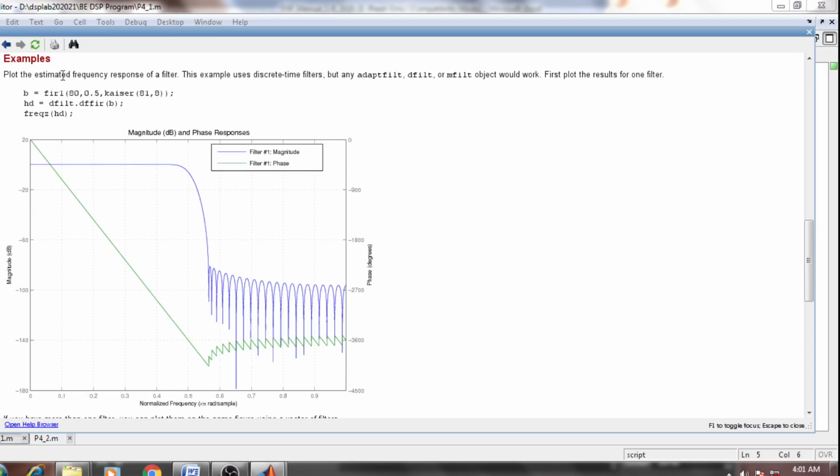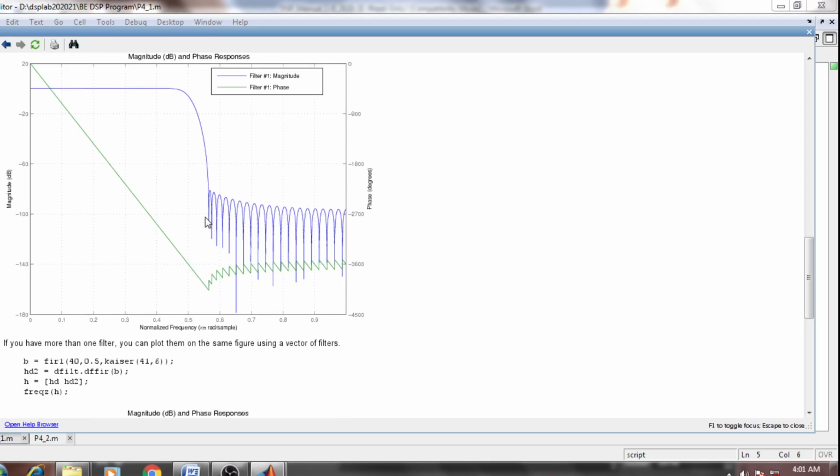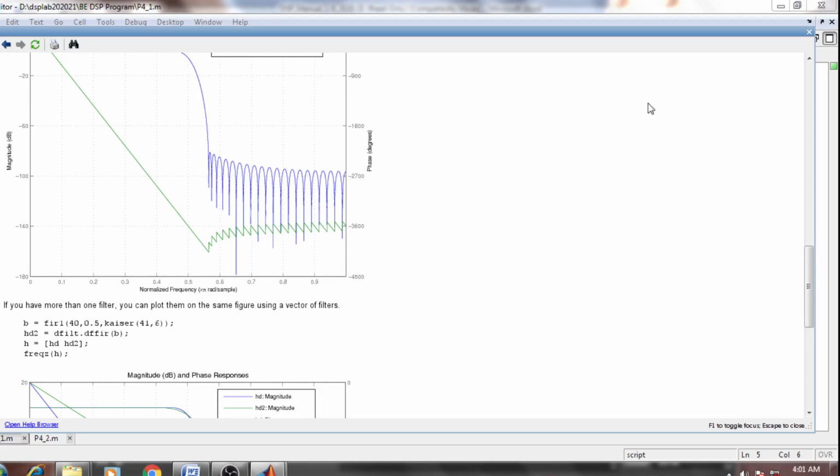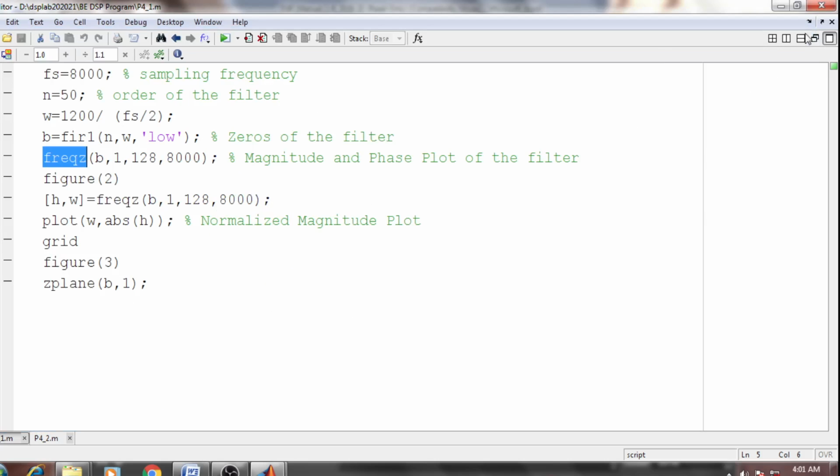Here the FIR filter function is used, and after that the frequency response function is used. So with the help of this you can see the response of the function. Here I am just going over the main program, so here you can find the use of this.